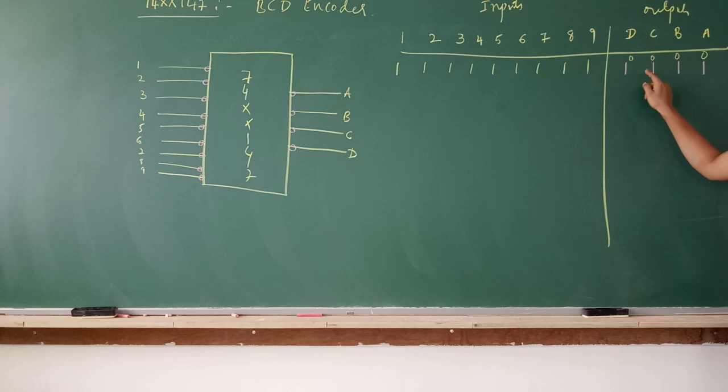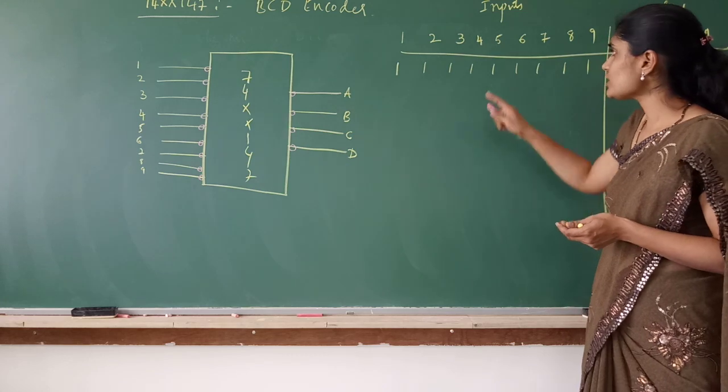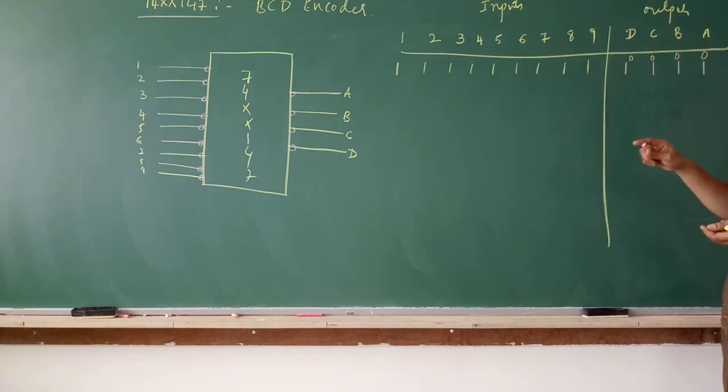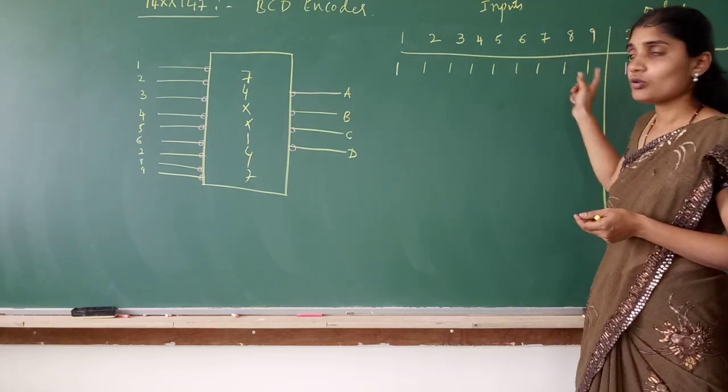So 1, 1, 1, 1, or this particular output, represents that there is no valid input at the encoder. Okay? So this is how we represent 0.